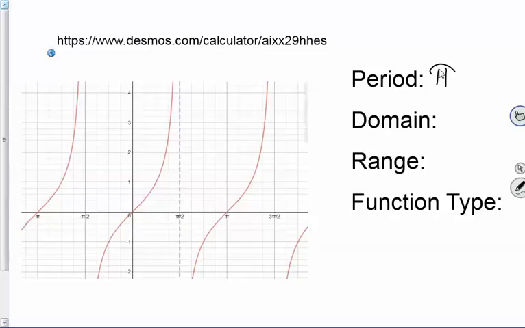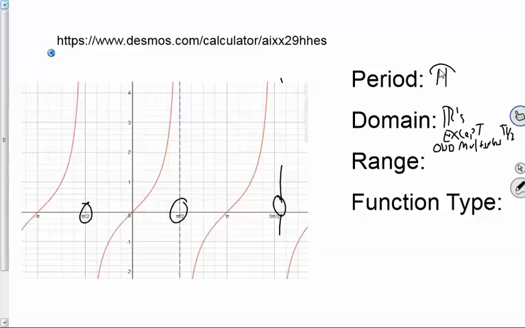The domain is all reals, so you can write all reals except odd multiples of pi over 2. In other words, at pi over 2, 3 pi over 2, 5 pi over 2, negative pi over 2, negative 3 pi over 2, all of those spots right here are all asymptotes. And they're all odd multiples of pi over 2.